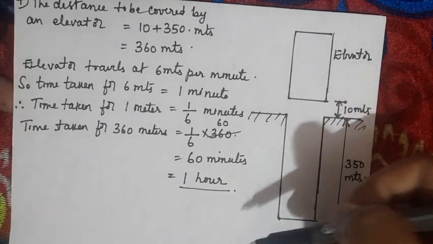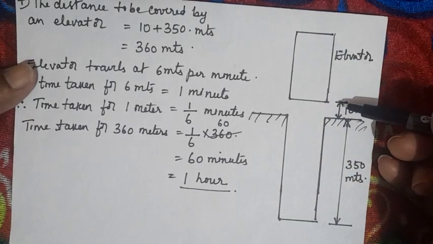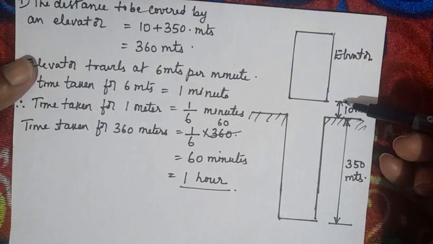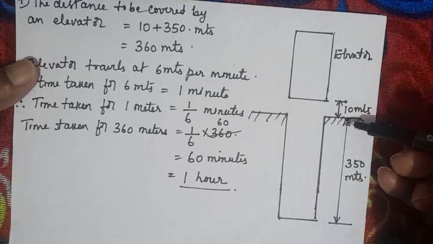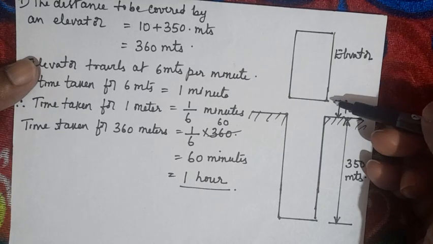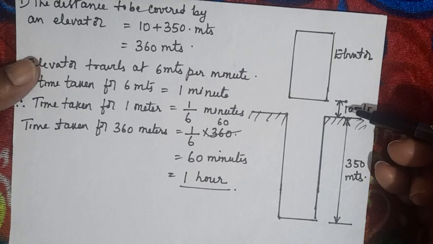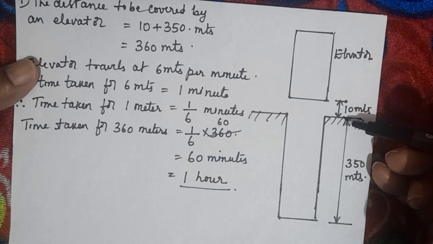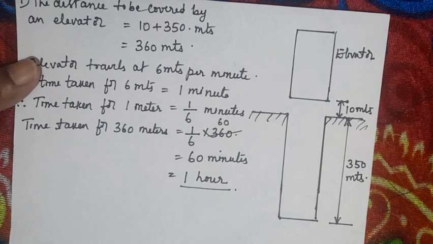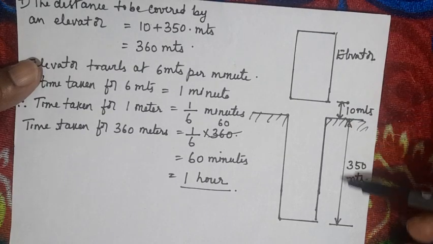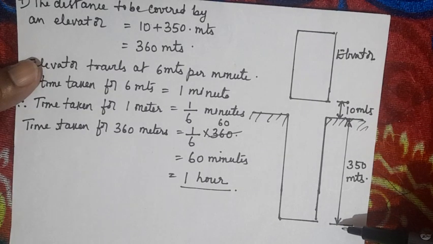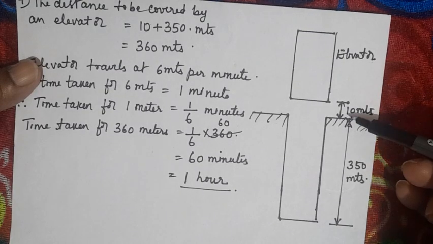Now where is the elevator? The elevator is above the ground level, 10 meters above the ground level. The elevator is situated above the ground, and the distance between the elevator and the ground is 10 meters. So how much total distance does it have to travel? 350 meters plus 10 meters.